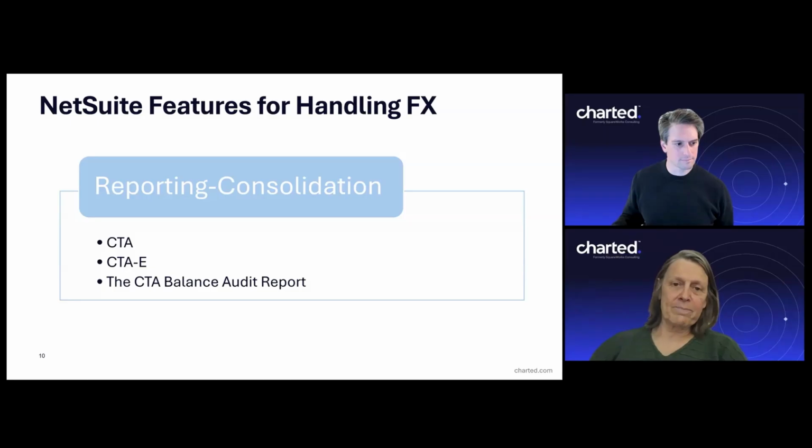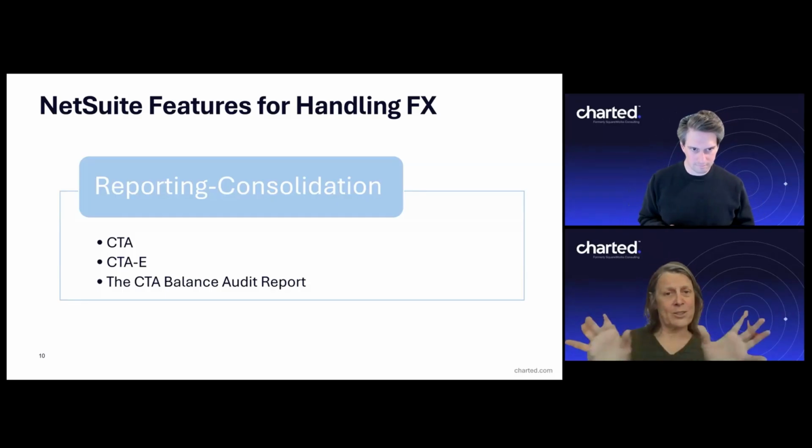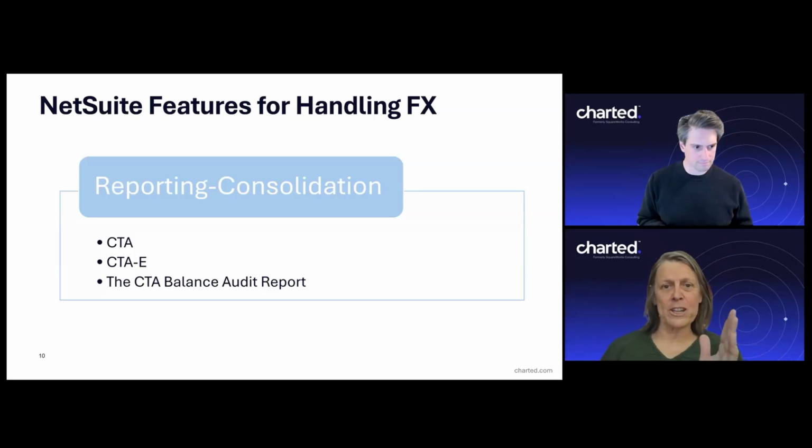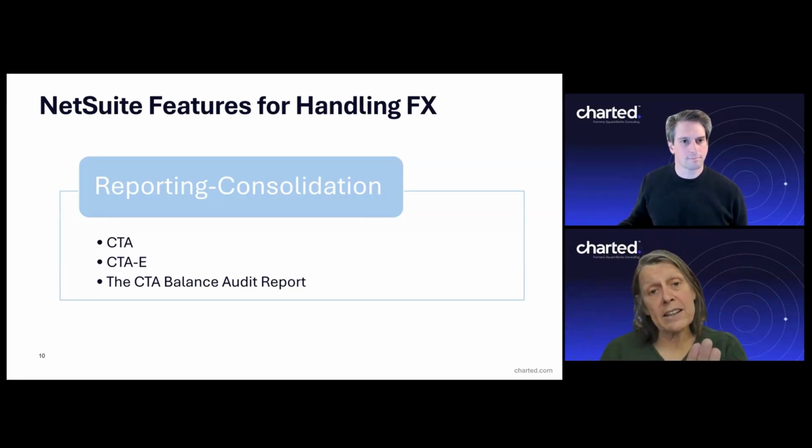I personally hate it. If you want to be nice, what you can do is a side-by-side balance sheet. It's really easy to do. I take a balance sheet in the local currency. I take the balance sheet as presented by NetSuite in the reporting currency.